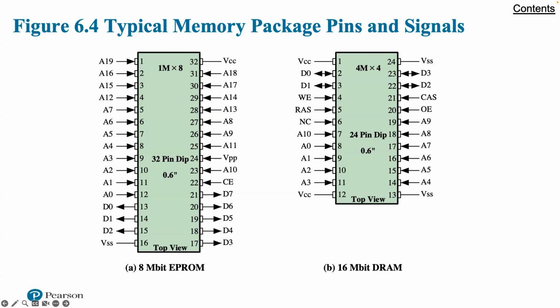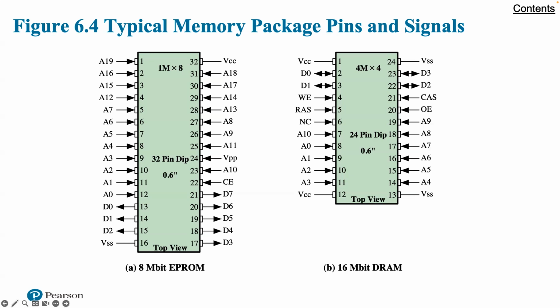A typical DRAM pin configuration is also shown in 6.4b for a 16 megabit chip organized as a 4 megabit times 4. There are several differences from a ROM chip. Because a RAM can be updated, the data pins are input and output. The write enable WE and output enable OE pins indicate whether this is a write or a read operation.